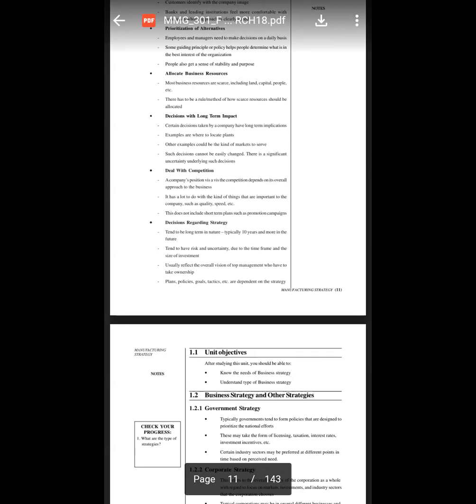I will give you one example. If you are selling a product to a particular area and you do not do any kind of market research, definitely your product is not going to work over here. Why? Because you directly went to the area and tried to sell the product, but it is not workable. You have to make a proper strategy. While making a proper strategy, you will be able to sell that product in a particular area.